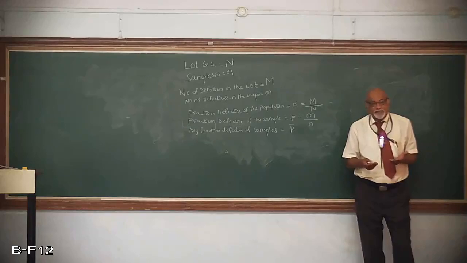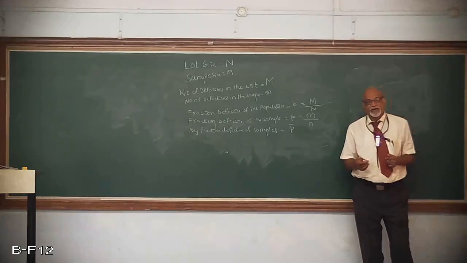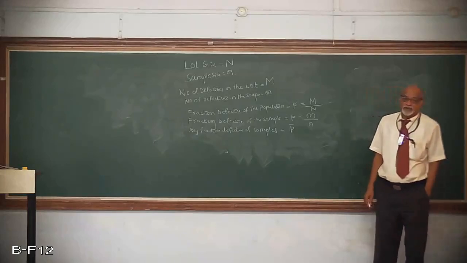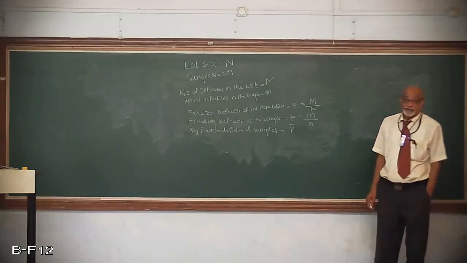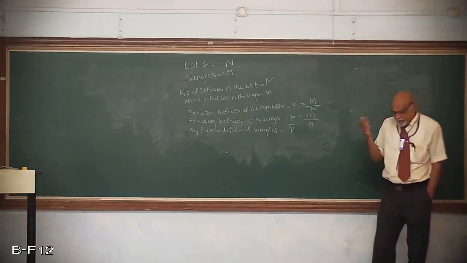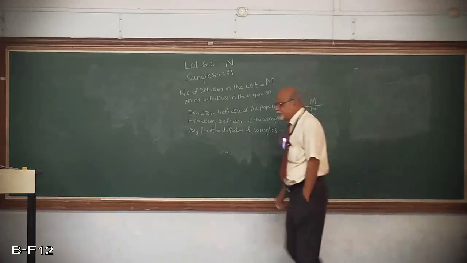Or he might say that it is 1% defective. Try to understand. He claims 1% defective. Out of 1,000, it will consist of only some 10 defectives. Under these circumstances, what can I do? I will decide to take a sample of some 50.